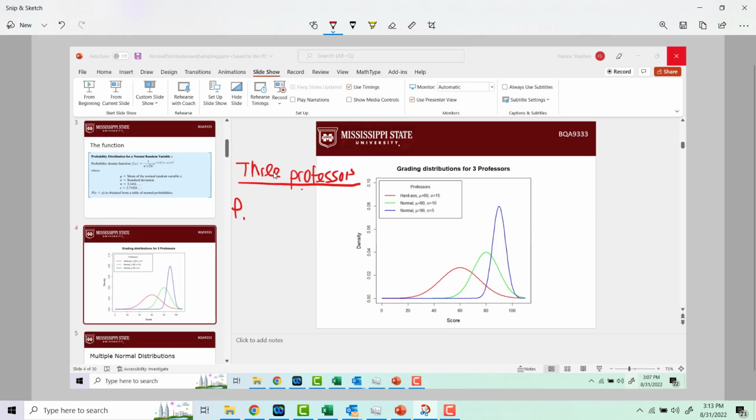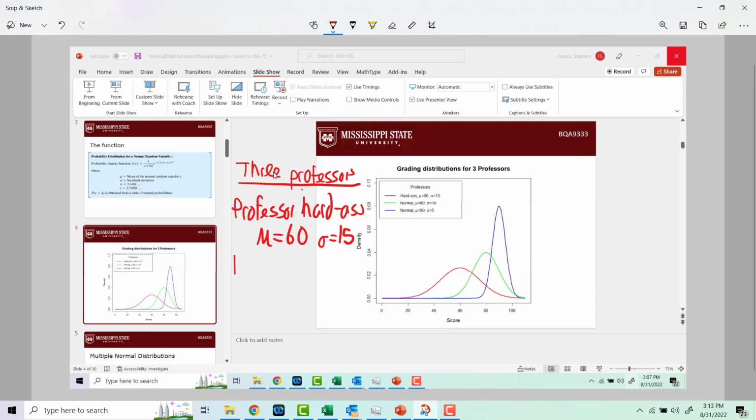We have Professor Hardass, and this person has a mean of 60 and a standard deviation of 15. So this person gives grades all over the place, grading like they're in the 1960s or 70s with an average of 60.